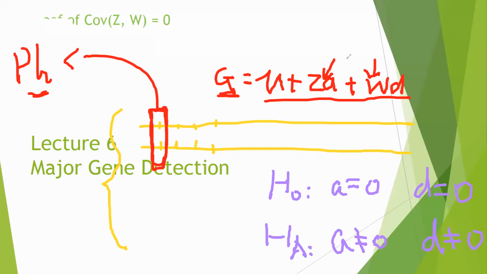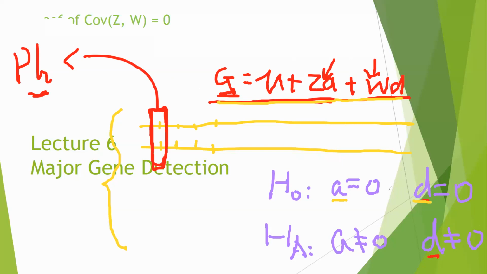So don't be confused here. Here the dominance effect is still the additive part, not the dominance deviation. The dominance deviation is the non-additive or non-linear part that cannot be explained by this linear model. But here I'm talking about two genetic effects at this locus, the additive effect and the dominance effect.